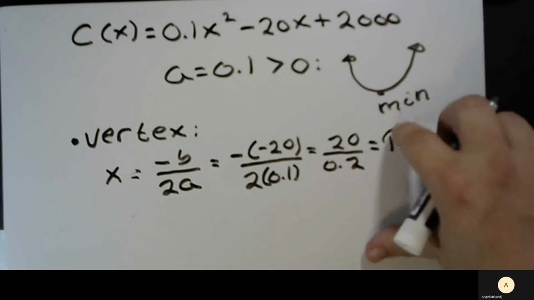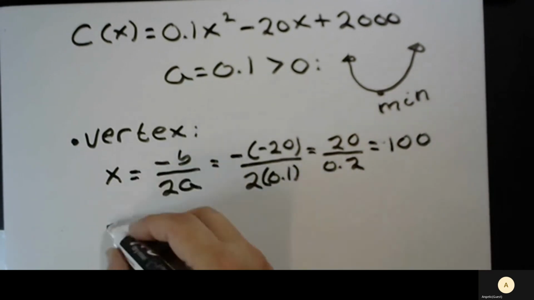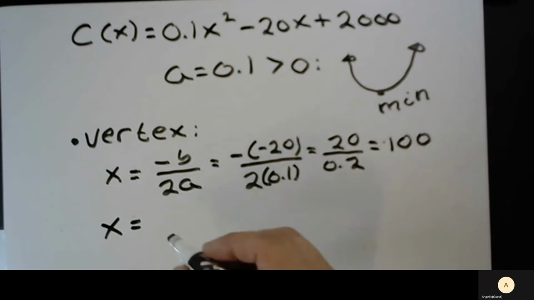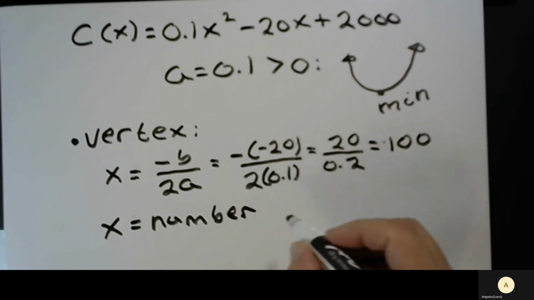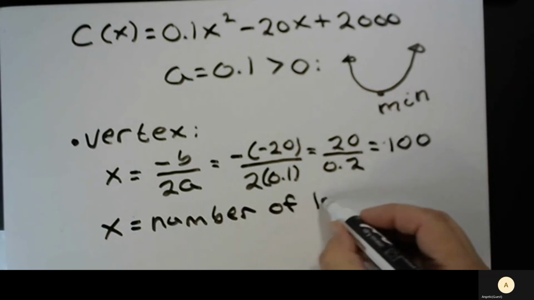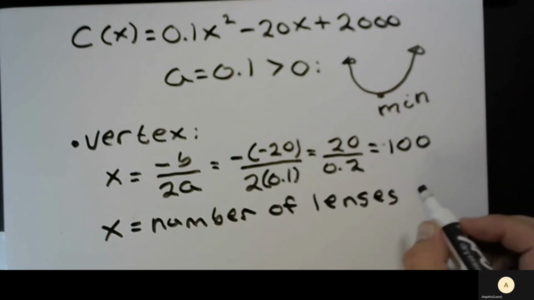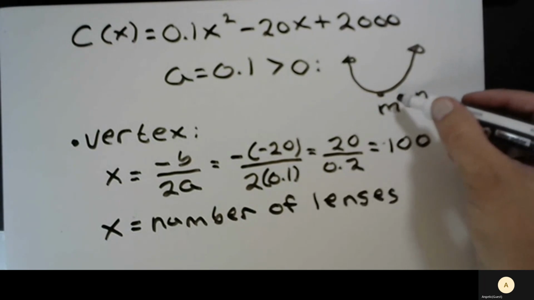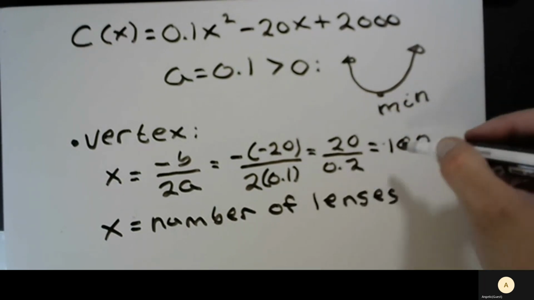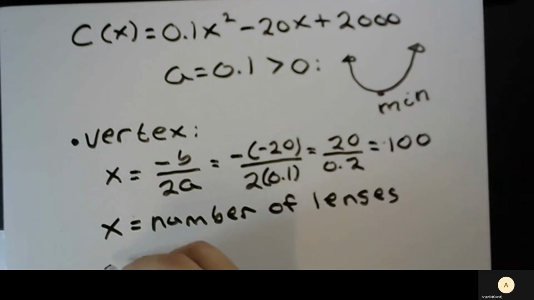And this is actually our answer, because what they wanted was just the number of lenses. So x is the number of lenses. What we're looking for is the number of lenses, or the x-coordinate of this vertex.